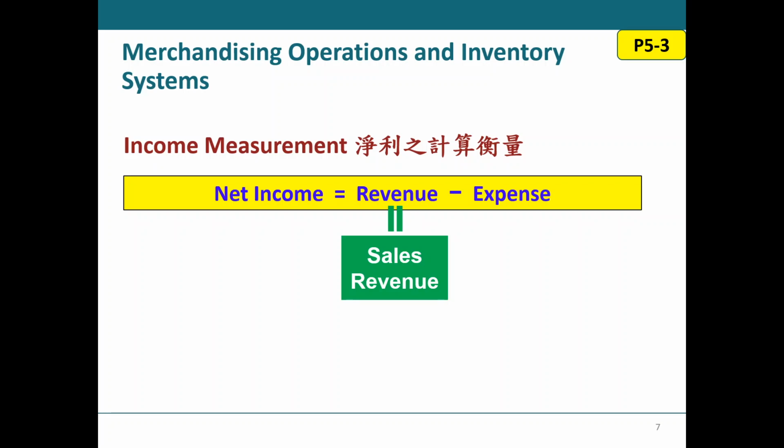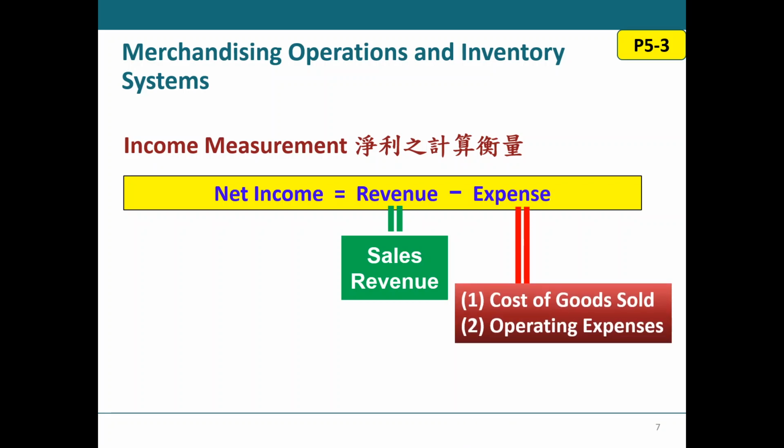How about expenses? Before, when we talked about expenses, we mentioned rent expense, insurance expense, supplies expense, so on, right? But here, because we talk about inventory, we try to classify all the expenses into two groups. First group we call cost of goods sold. There's a new term you are going to learn in chapter 5 and 6, okay? Because that's for inventory.